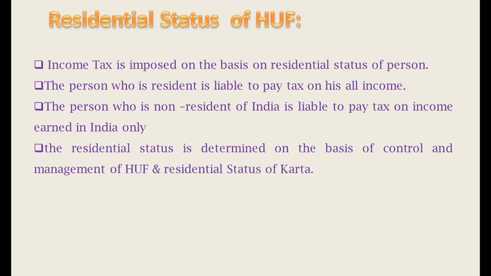So the residential status is determined. Specifically, the residential status of Hindu undivided family is determined on the basis of control and management of the Hindu undivided family and the residential status of Karta. As you know, Hindu undivided family is a concept under Hindu personal law, and Karta is the person who is responsible for management of the Hindu undivided family.